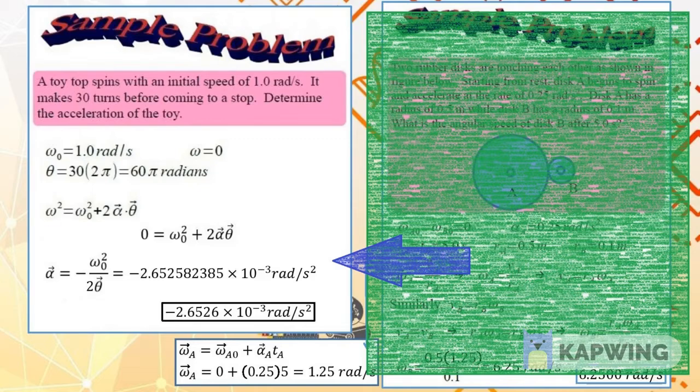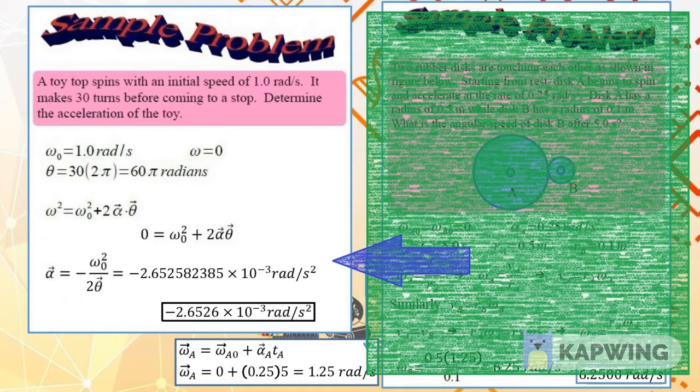And you look at the known values, you have initial angular speed 1 radian per second, final angular speed 0, and you have the angle traversed theta, 30 turns times the angle for 1 turn, 2 pi radians. You have 60 pi radians for the angle traversed.